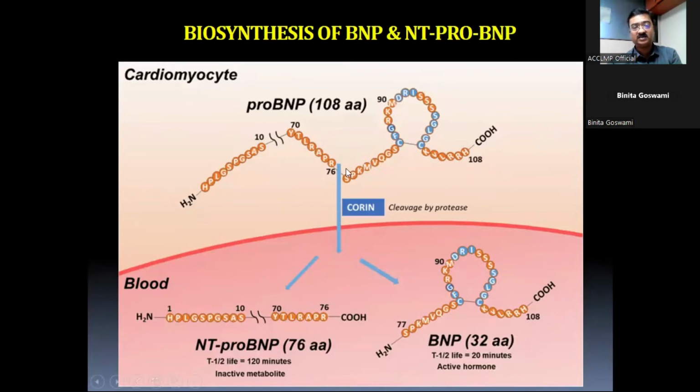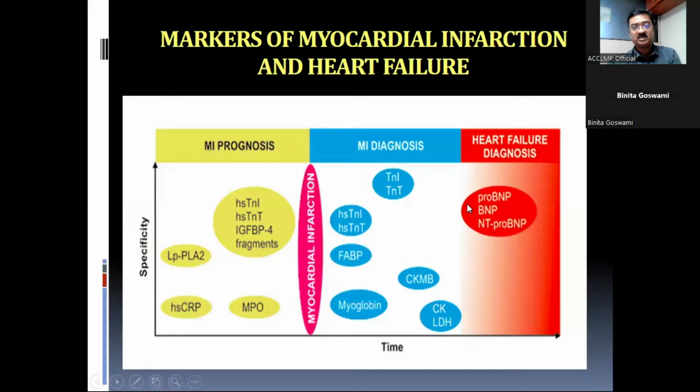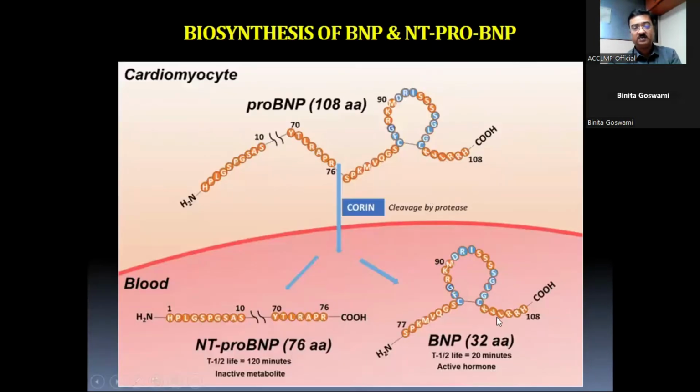When it gets activated, it cleaves at the 76th position, from 77 to 108 and from 1 to 76, into two parts. The N-terminal proBNP, the 76 amino acid residue portion, is the NT-proBNP.